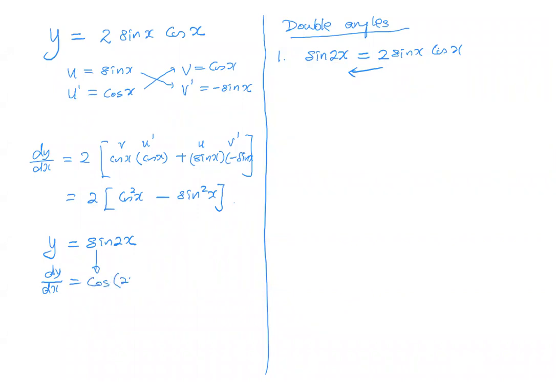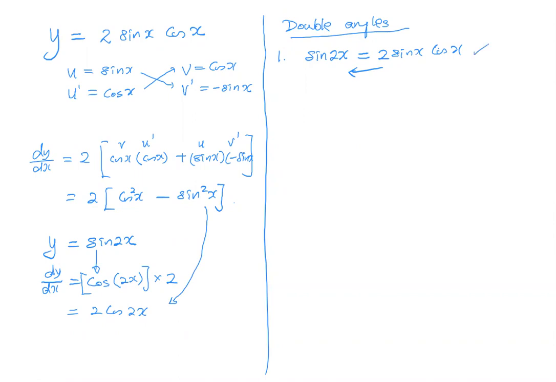Copy cos, down the angle, then times what? Times 2. So I got 2 cos 2x. Is this the same as this? Okay, let's see. So you have to remember the first double angle.